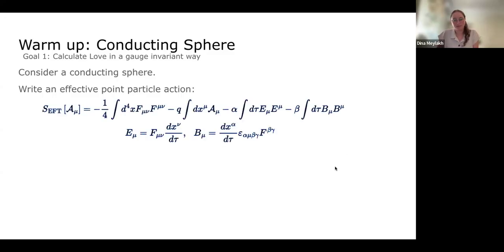And so we recognize the first term. The second term is just the monopole with the charge. So let's assume for simplicity that the charge is 0 and look at the other terms. So alpha here is just the electric susceptibility and beta is the magnetic susceptibility.